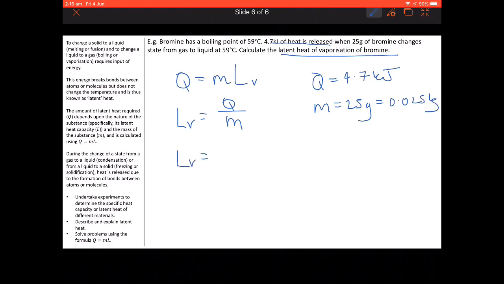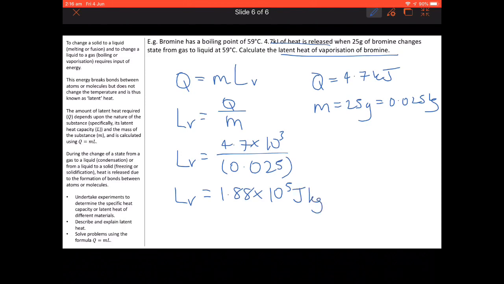So our latent heat of vaporization is going to be 4.7 kilojoules, which is 4.7 by 10 to the 3 joules, and divide that by mass, which is going to be 0.025 kilos. So popping that into your calculator will give you an answer of 1.88 by 10 to the 5 joules per kilo. So that's the latent heat of vaporization of bromine.